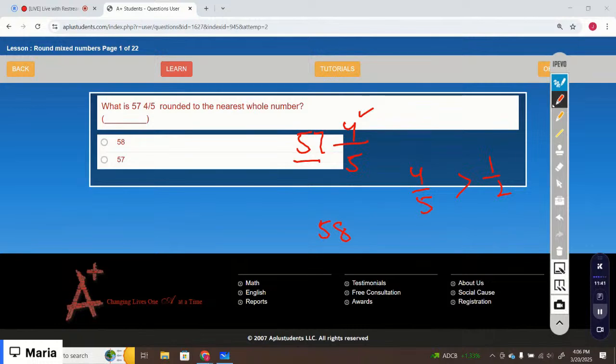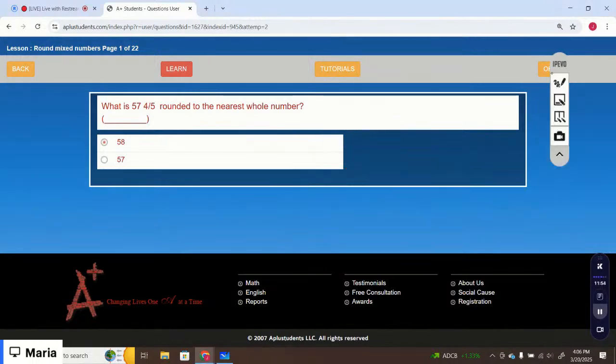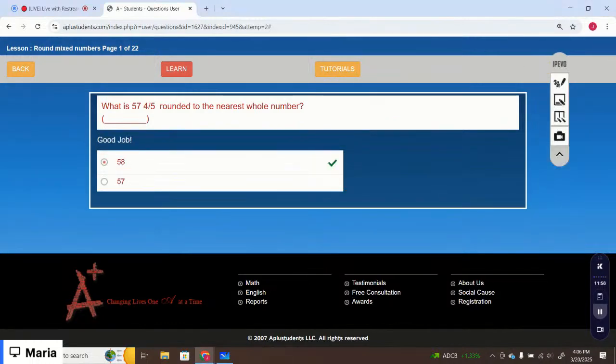The correct option is 58. Option number one is the correct option. It would be rounded to 58.